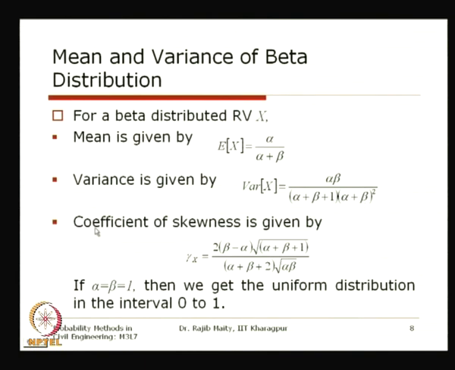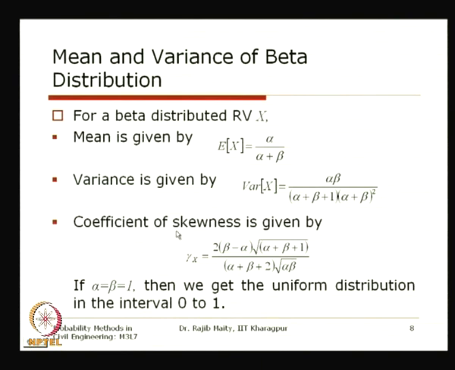Now the coefficient of skewness. You can see our previous lecture on how to calculate the variance of x. It is the integration over the entire support of the distribution of x minus mu whole square multiplied by the density. It will give you the variance, and if you do it for the beta distribution, it will come to this form.